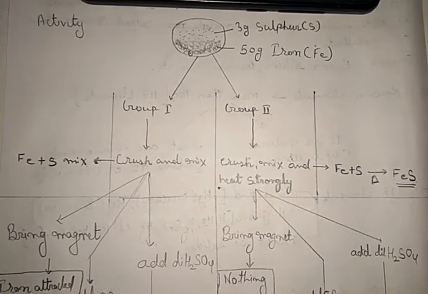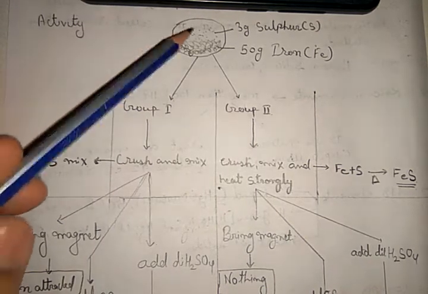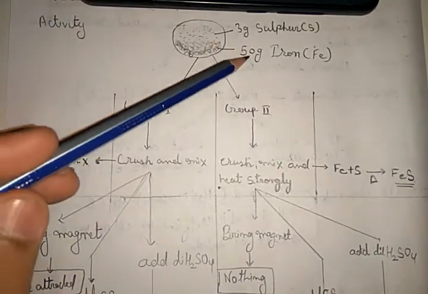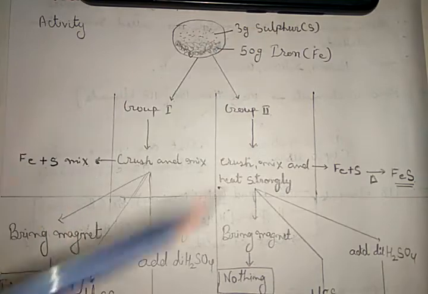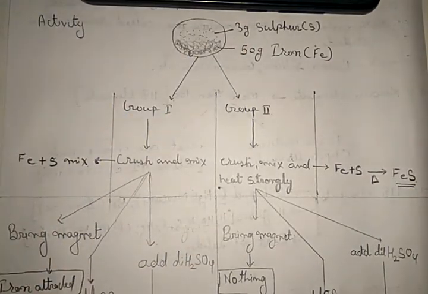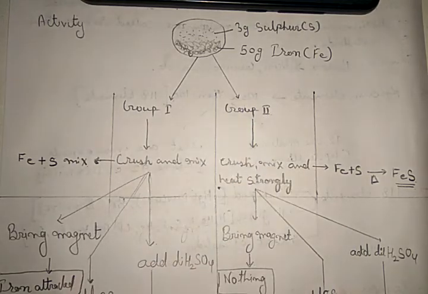In this activity, suppose there is a mixture of 50 gram of iron and 3 gram of sulfur. Now we divide it into two parts: first group and second group.